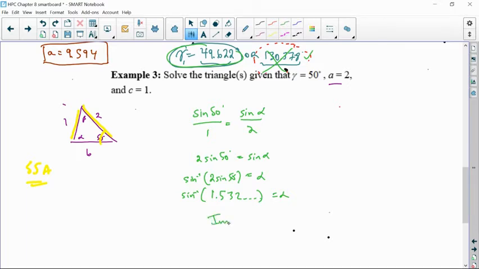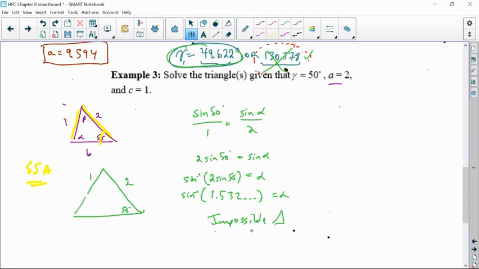This is an impossible triangle. And the reason it's an impossible triangle is because if I really were to have drawn this to scale, this length of 2 compared to the length of 1, if this over here is a 50-degree angle, this 1 isn't going to extend far enough to get down to the opposite side.